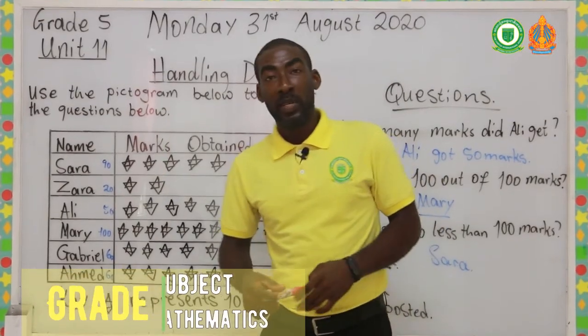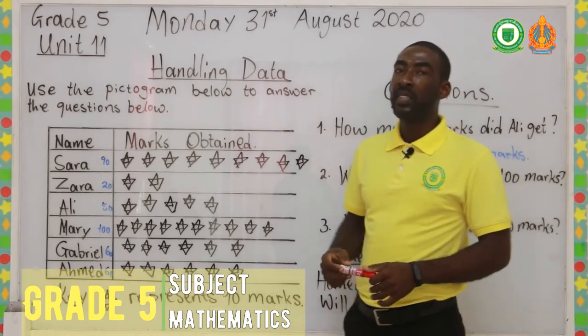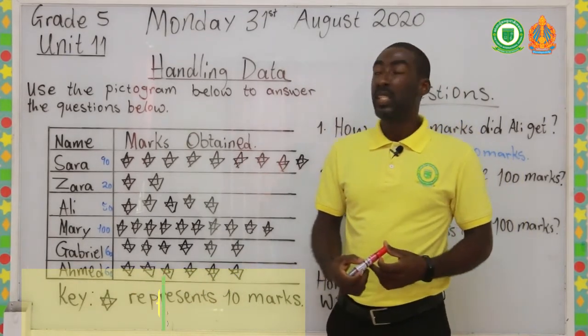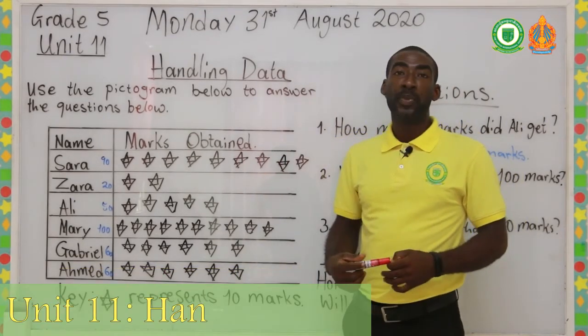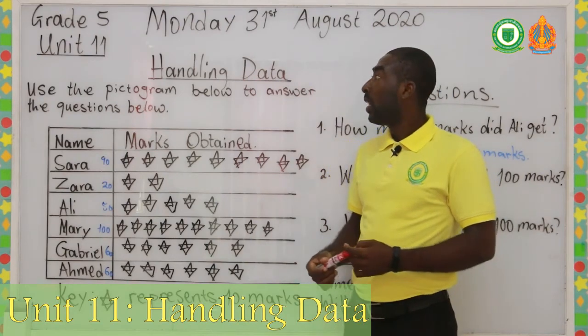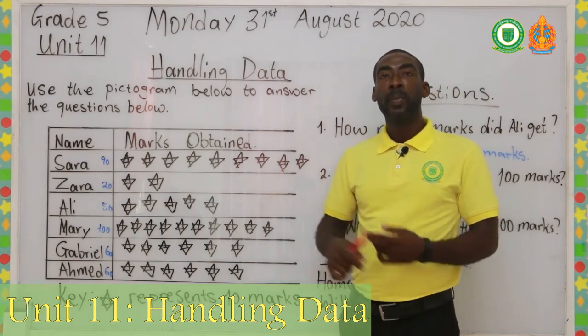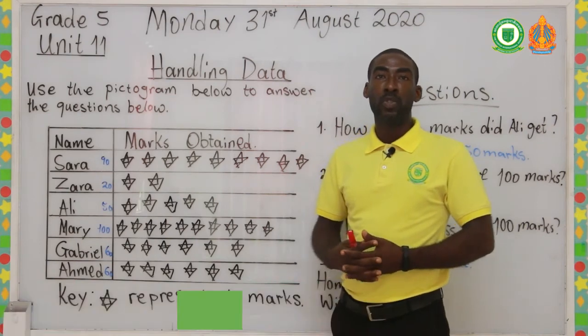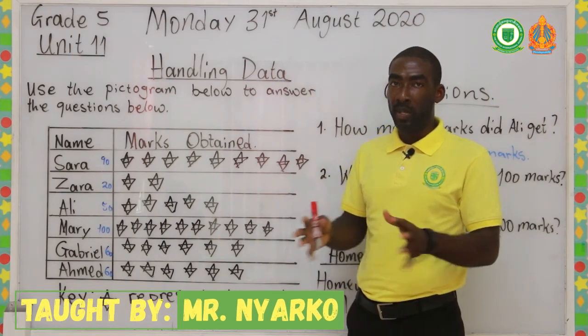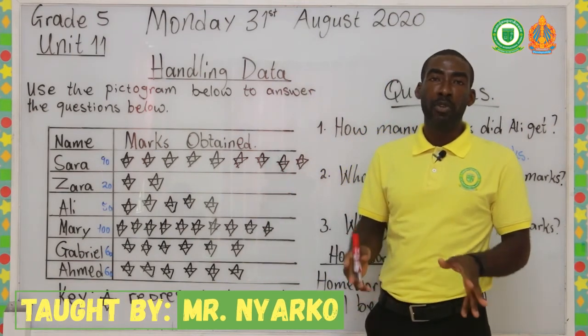Students, welcome back to our third video, which is our final video on this lesson. As you know, the lesson has been on how to handle data, and we have gone through the first stage: how you can make your own frequency table and tally table when you have your raw data.